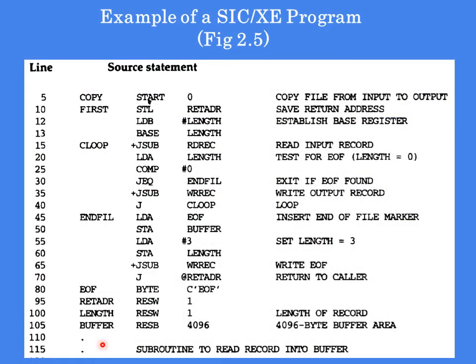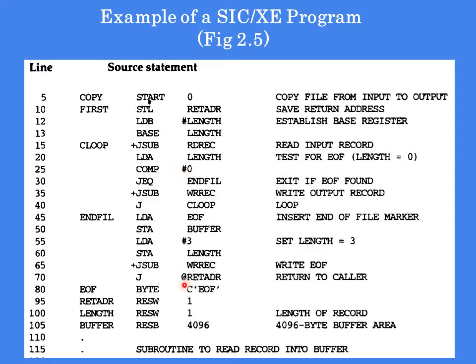Okay, so let us look at a sample SIC-XC program. A similar SIC program you have seen. By looking at this program directly, you can locate various differences. For example, you have a hash symbol coming here, you have a plus symbol coming here, which denotes the format 4. Again, hash represents the immediate addressing.